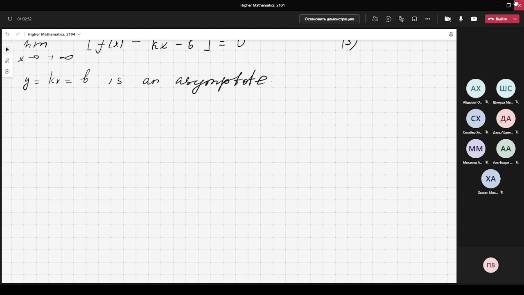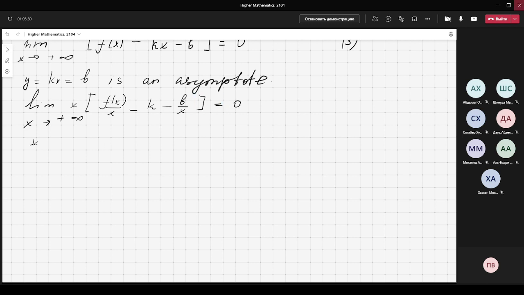Taking x outside the brackets in 3, we get the limit as x approaches infinity of x times the bracket f of x over x minus k minus b over x equals 0.